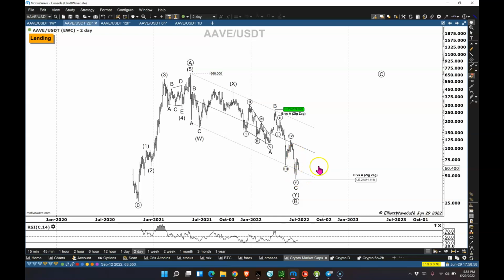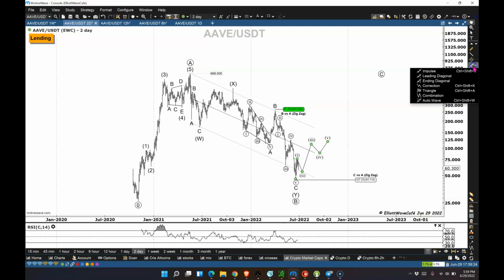What I want to see from here is a pretty decent 5-wave move out of here in a wave 1, 2, 3, 4, and 5. So I need to start to see this. Obviously, the angle of ascent is probably going to be a little bit different. But this would be the first indication right there that the market is probably ready to begin trending in this sequence.